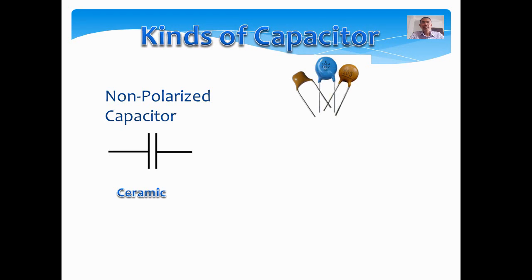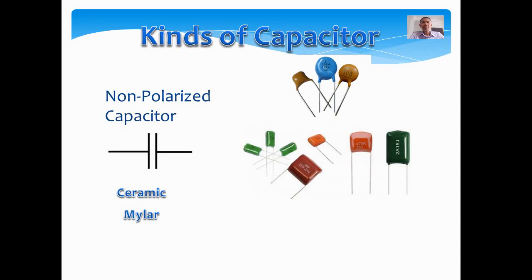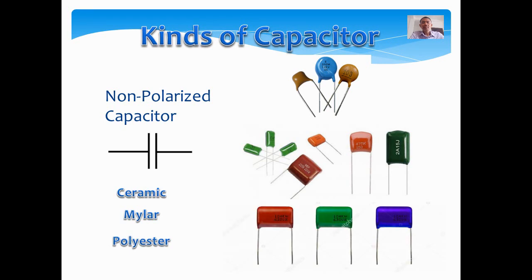Basically, it ranges with a maximum of 50 volts. Next, mylar capacitor. Its capacity is up to 250 volts. And the last one is a polyester capacitor, whose voltage capacity can be more than 630 volts.